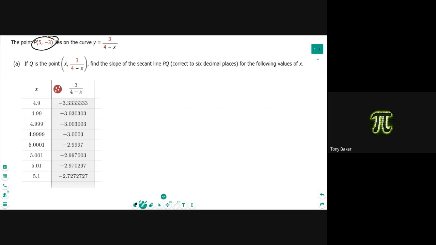Yes. So it says correct. Yeah. Your y value. Because then when you do your slope, honestly, I'm not going to be overly concerned with exactly how many decimals.